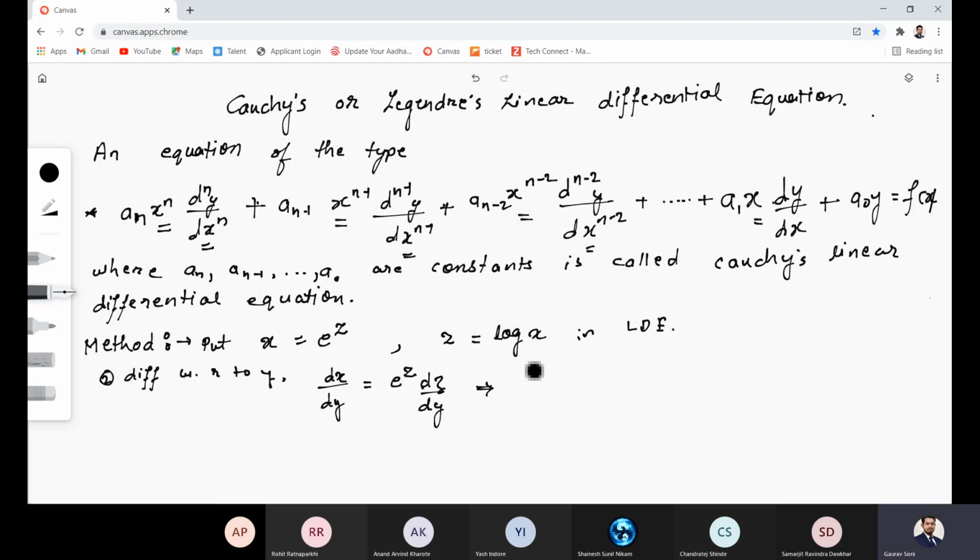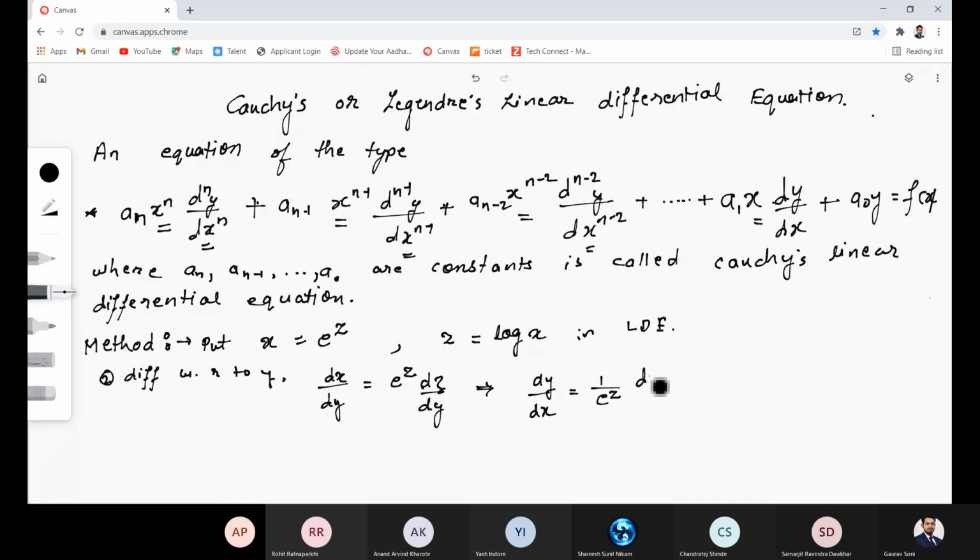So I want to replace dy by dx. So I'll take the reciprocals on both sides. So I will have dy by dx is equal to 1 upon e to the power z times dy by dz. And send this e to the power z over, which is nothing but x.